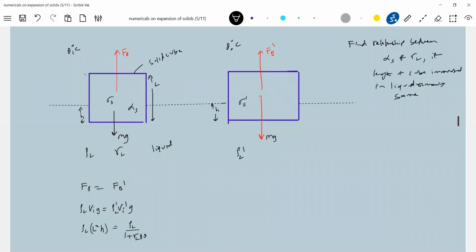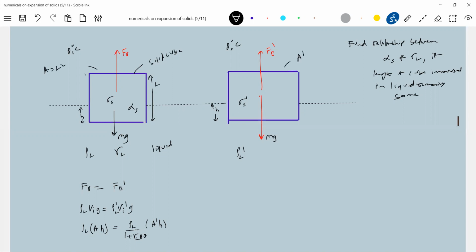What is Vi dash we should write? A dash into H, no? What do you mean by A dash? The area of cross section has to change. What is A? The area of cross section will be L square, we know it's a cube.